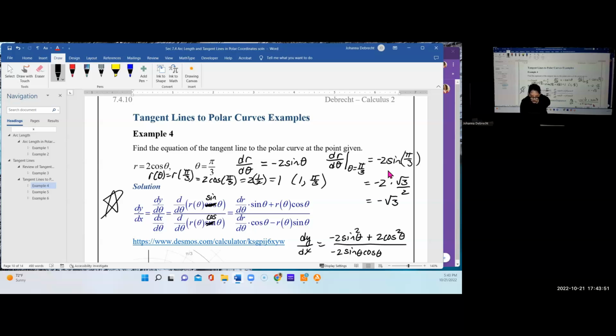And then I've got minus r of theta, which is 2 cosine of theta times sine of theta.